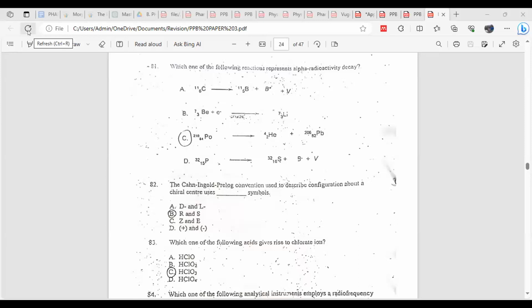And mimi ninaona hapa kwa LibreTexts inasema, so we're talking about configuration about a chiral center. Cahn-Ingold-Prelog rules inasema the method for this is formally known as RS nomenclature.